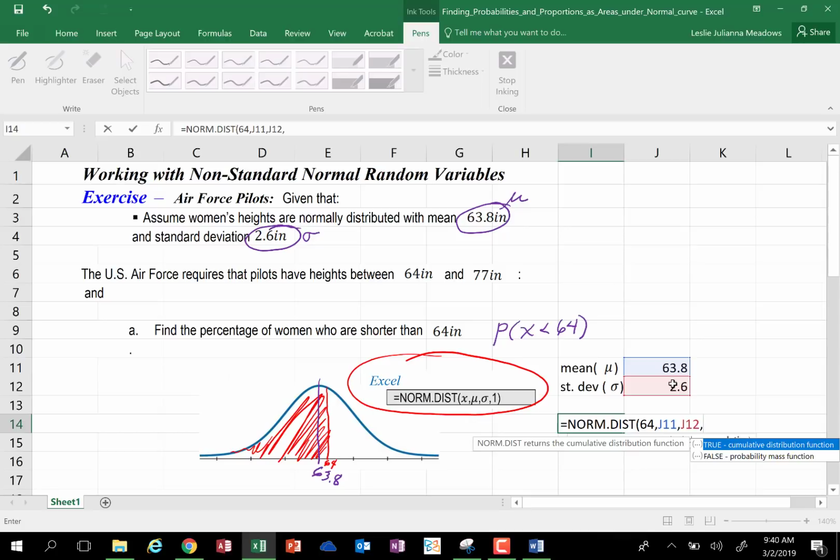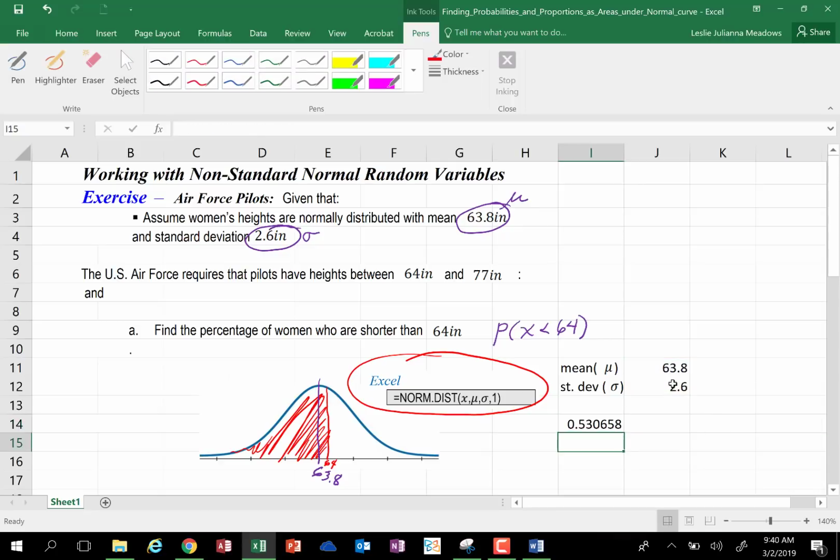The next value that we enter is the cumulative, and in a norm.dist situation, this will always be 1. Now, we have found the area to the left, because this norm.dist command gives us the area to the left of a particular X value.